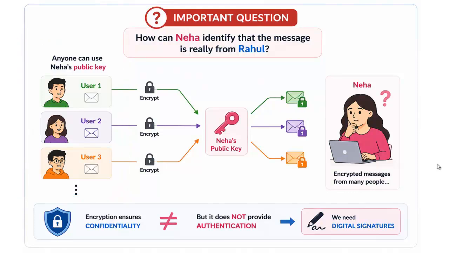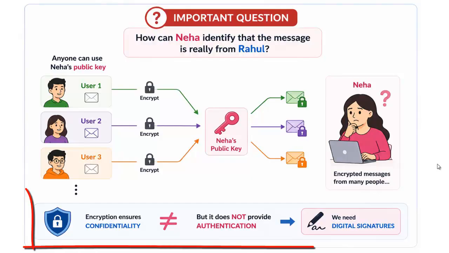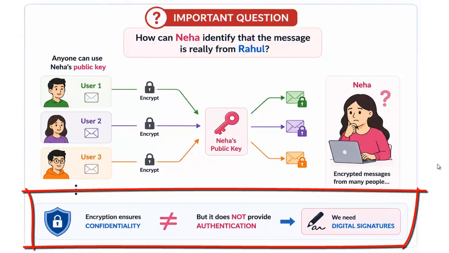So Neha receives many encrypted messages, but Neha is only expecting a message from Rahul. So the question is, how can Neha identify that the message is really from Rahul? This means encryption alone provides confidentiality, but it does not provide authentication, right?